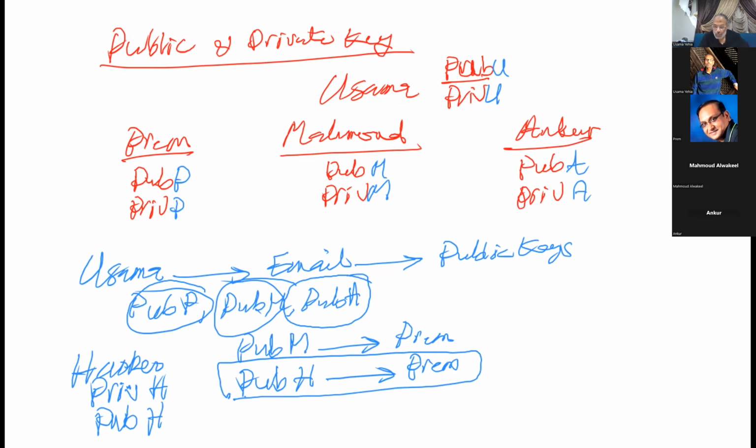Here it comes to the concept of the CA, Certificate Authority. What is a certificate authority? Certificate authority, gentlemen, is a trusted third party.